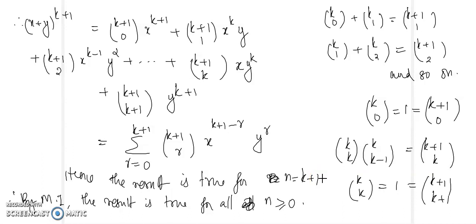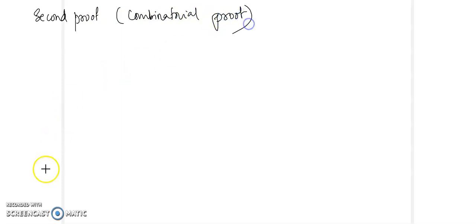So this was the first proof. Now let us look at the second proof for the theorem. The second proof is combinatorial.